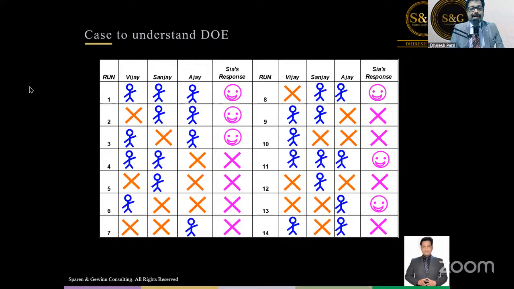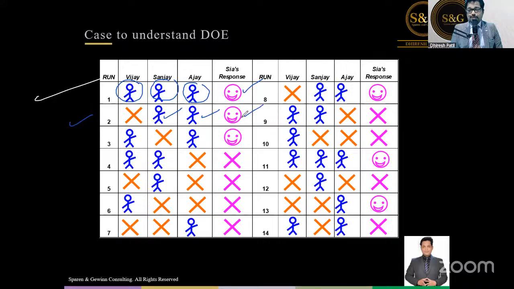On day 1, all three boys went together. Vijay, Sanjay and Ajay went together and Sia smiled. On day 2, Vijay was not there, and deliberately they wanted to see at whom she is smiling. Only Sanjay and Ajay were there.